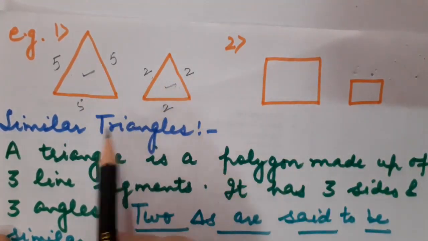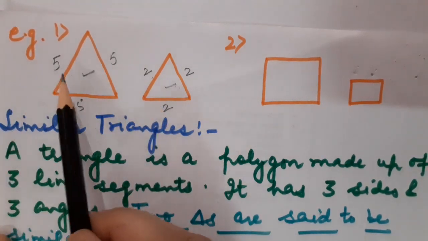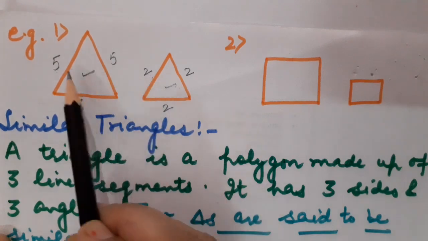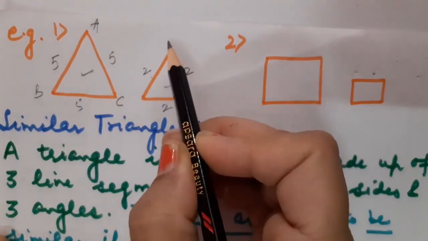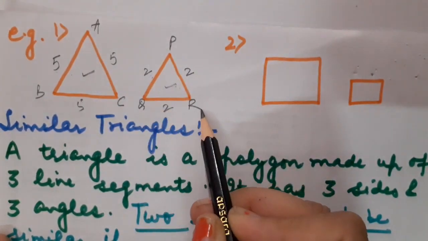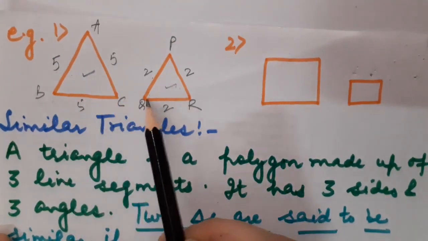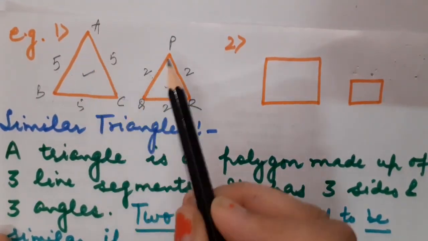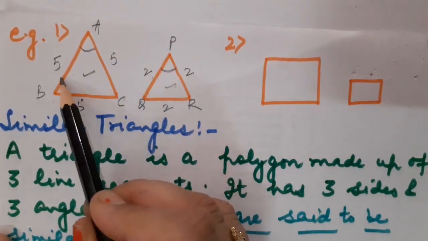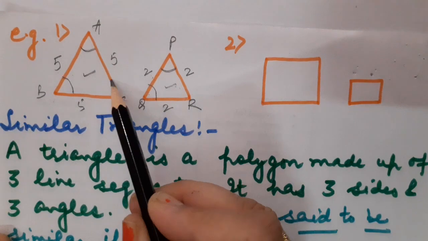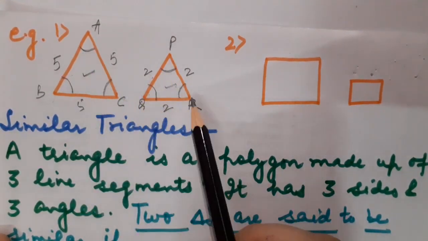So if I talk about the ratio of the corresponding sides, what would it be? It would be 5 upon 2 because I have to take the corresponding ones. For example, here I have given the name ABC. Another one I have given the name PQR. So if AB upon PQ is equal to BC upon QR is equal to AC upon PR, and each and every angle of the first figure is equal to the corresponding angle of the second figure.